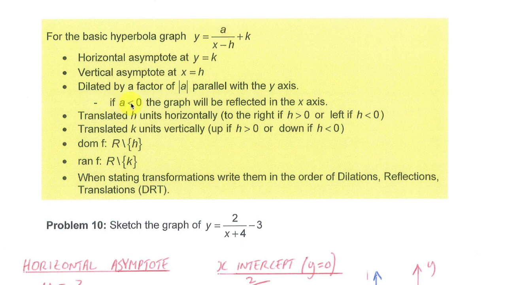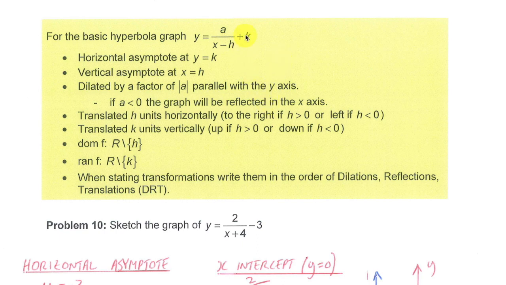If a is a negative number, then we'll get the basic hyperbola but reflected in the x-axis. For the horizontal translation, the easiest way of working this out is just to take that bottom line, make it equal to 0, solve for x, and then that will tell us if we're moving left or right and by how much.